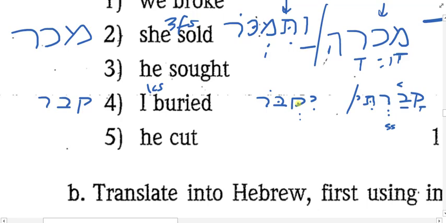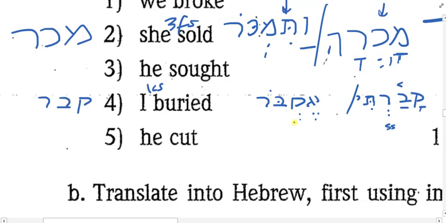Now, I need to change this to not "he will bury," but "I." So I changed the yod for a what? Aleph. Okay, got to put an aleph here. Can I keep the shva under the aleph? Or does aleph have a vowel preference? Vowel preference, segol. That's right. Aleph prefers that segol. Segol is still an I-class vowel. So I've got ekbor here.